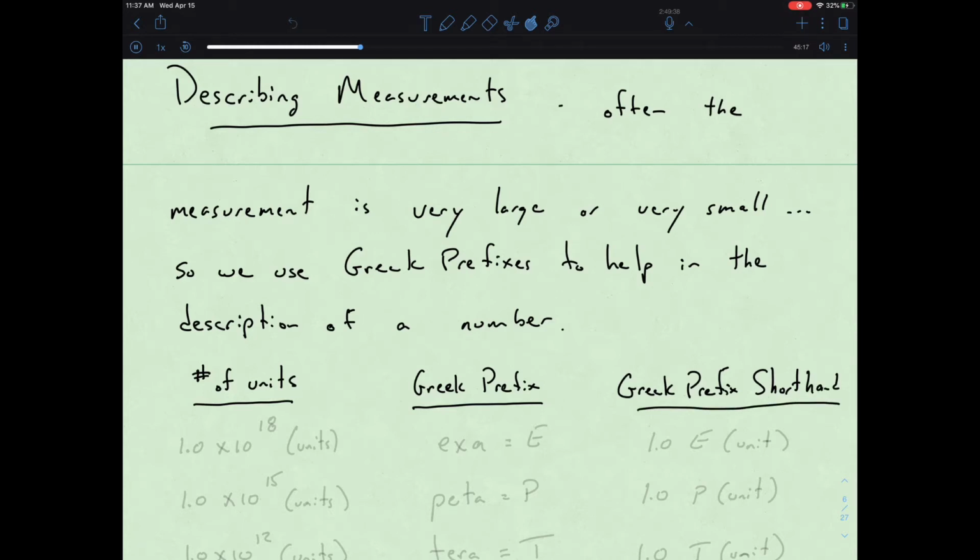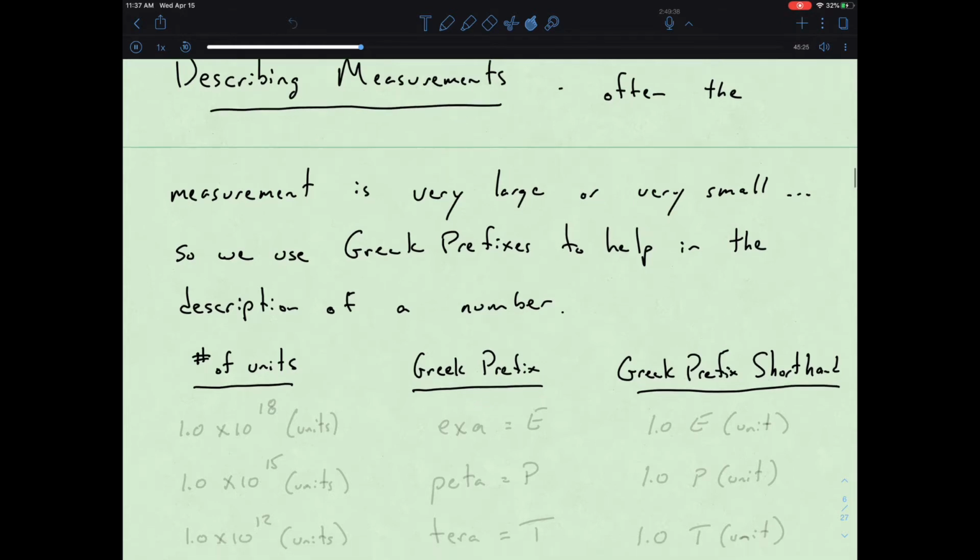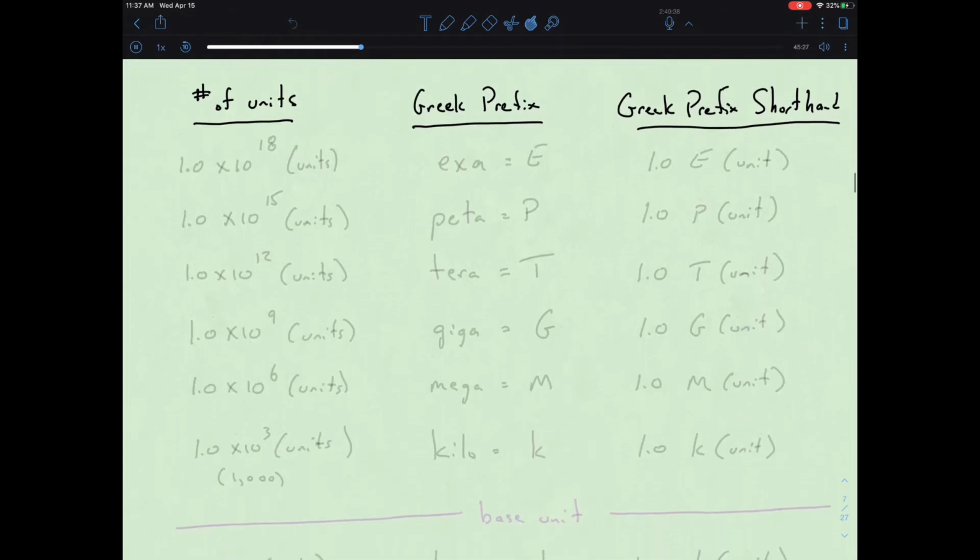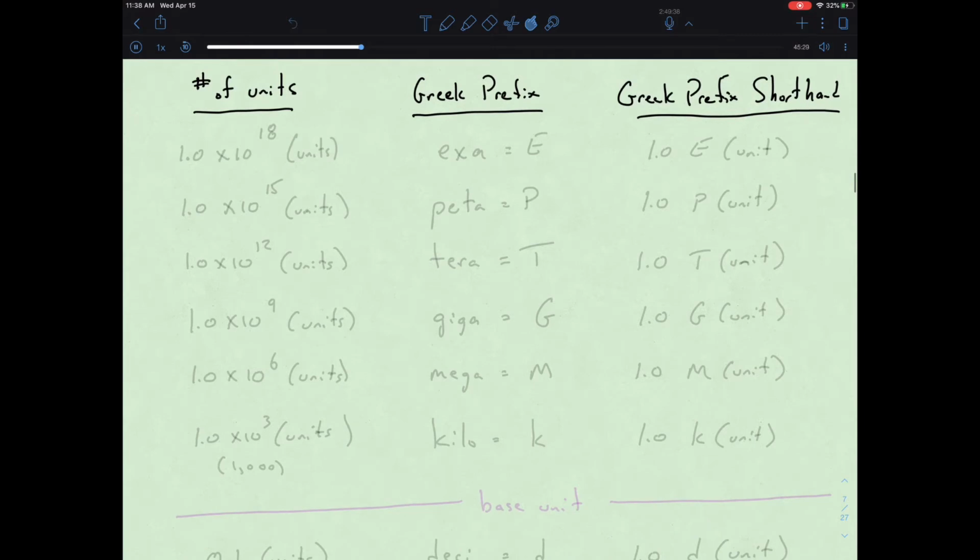So if we start at the very top, I tend to go up to the very large to begin.